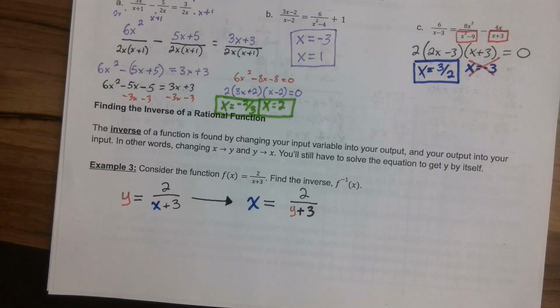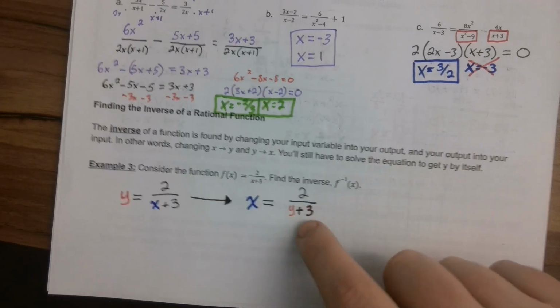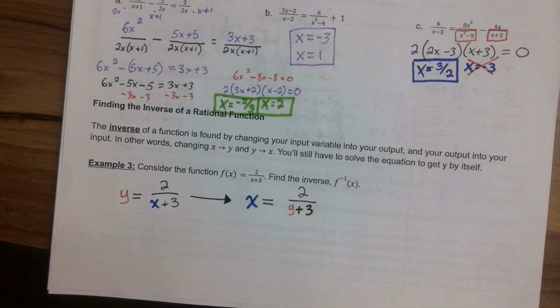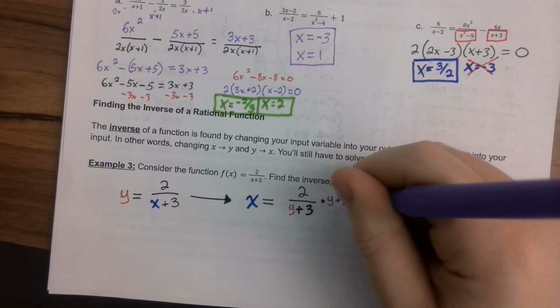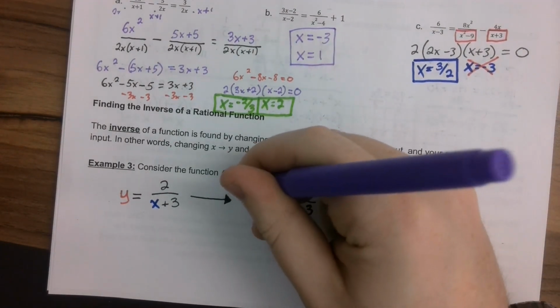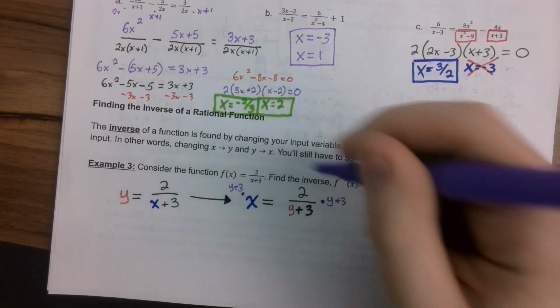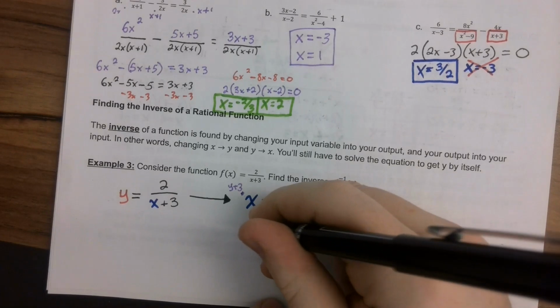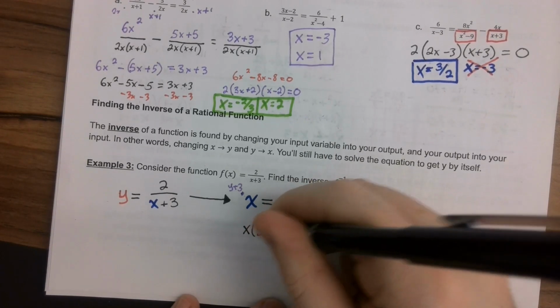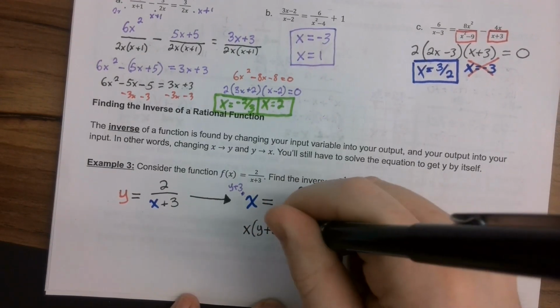First of all, to get y by itself, it can't be in a denominator. So what can I do to get it out of my denominator? If I multiply both sides by y plus 3, that will cancel out the denominator. See how it cancels out on this side? We'd be left with x times y plus 3 equals 2.